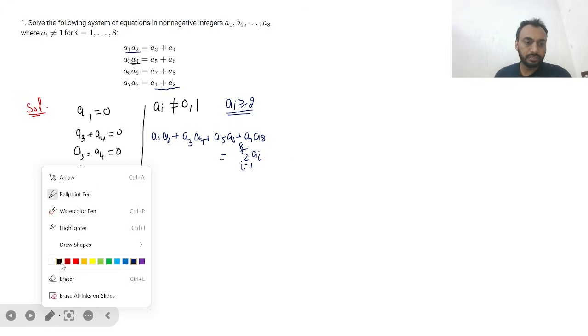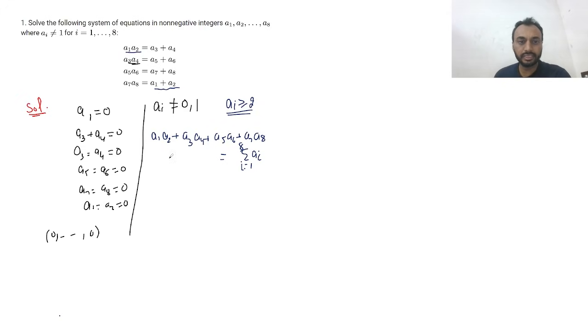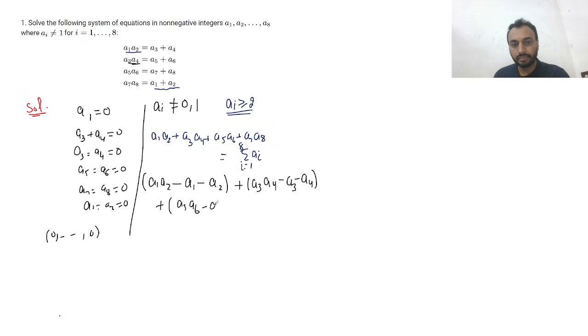Now we shift this summation to the left hand side and combine them with the respective variables, like A1 A2 combined with A1 and A2, and A3 A4 is combined with A3 and A4. Similarly A5 A6 minus A5 minus A6, and then A7 A8 minus A7 minus A8 equal to 0.